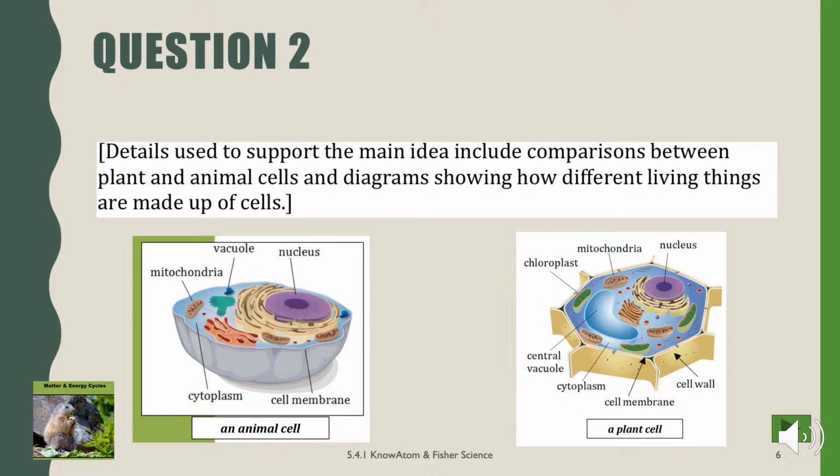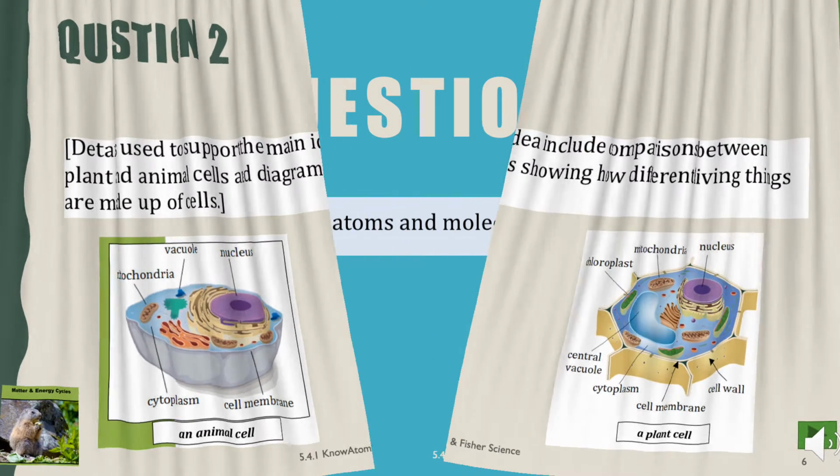So we have an animal cell on the left and a plant cell on the right, and we're able to see that they both have a nucleus, vacuole, cell membrane, cytoplasm, mitochondria. We also know they both have rough and smooth ER, Golgi bodies, ribosomes, but the difference would be the size of the vacuole, or the amount of vacuoles. Plant cells have chloroplasts, plant cells have a cell wall. So those are some of the differences.